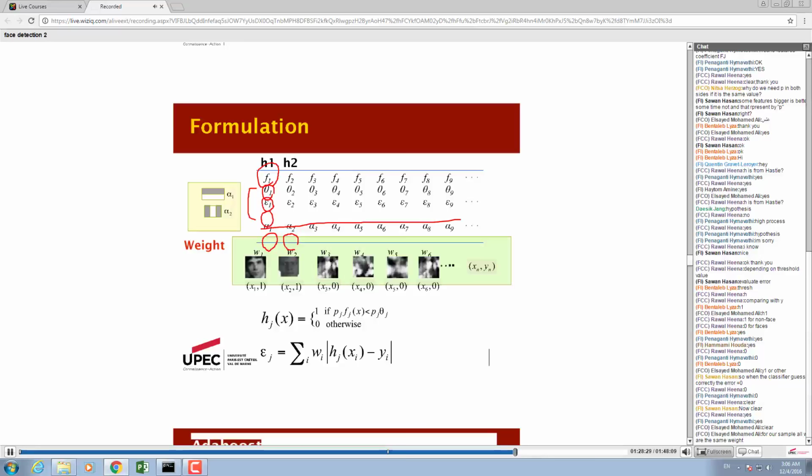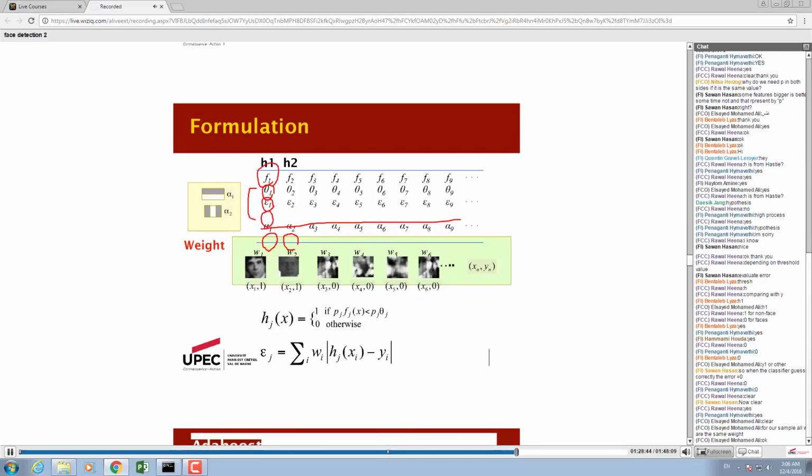In the beginning, we are starting with the same weight. We are assigning all the same weight, normalizing in the same way. But the next step after error calculation is weight updating. We haven't studied it yet, but we'll discuss it soon. In the process of weight update, every weight will be updated in some different way.